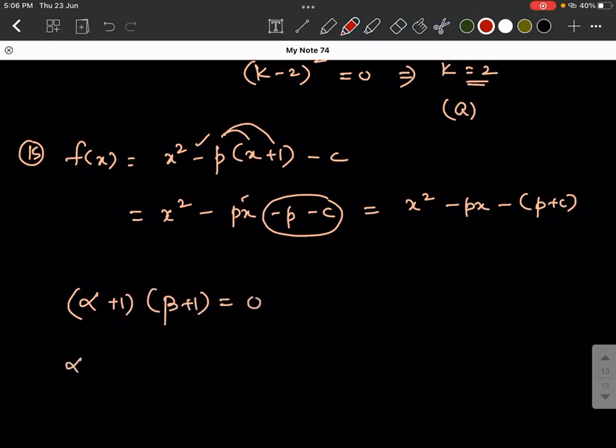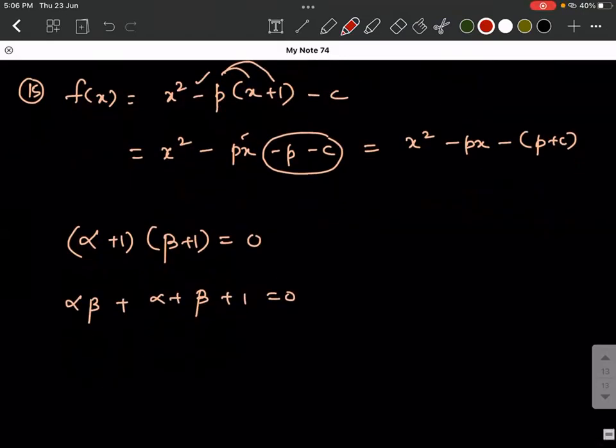If you expand it, left hand side, you will have alpha beta plus alpha plus beta plus 1 is equal to 0. Are you able to understand this?